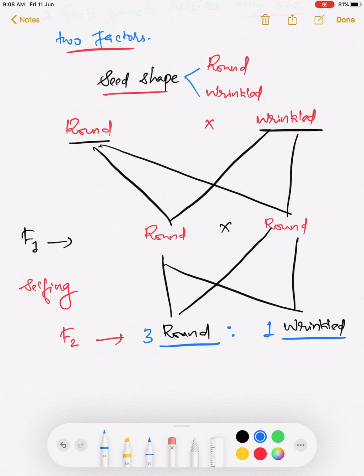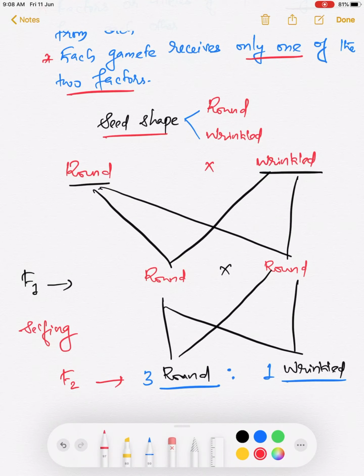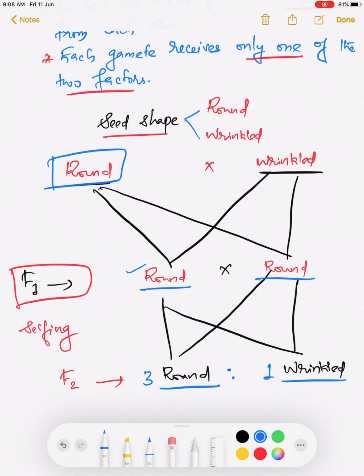Now let's analyze this monohybrid cross. Observe in the F1 progeny, all F1 progenies were having round seeds. This can easily happen because one of the parents is having round seeds, so the progeny can also have round seeds.